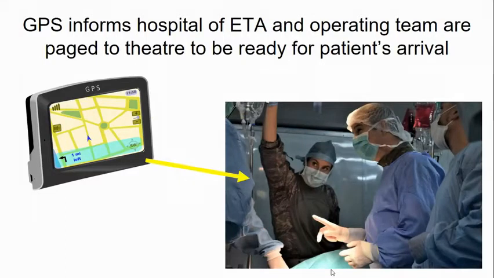The GPS system will let the hospital know the expected time of arrival, and the hospital theatre team can be prepared so that they are ready for the patient as soon as the patient arrives. So all of this has happened without the patient even knowing, and it's all been set in motion by devices, physical devices connected to the internet.